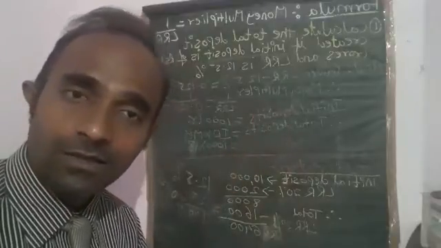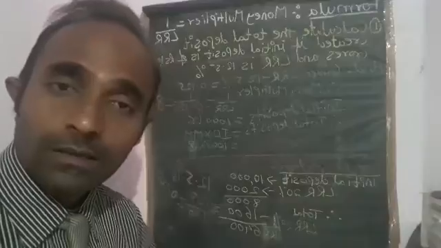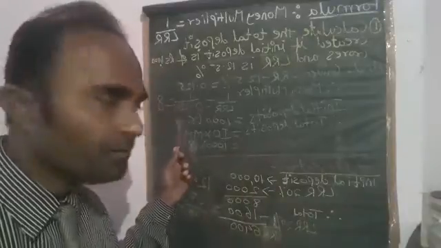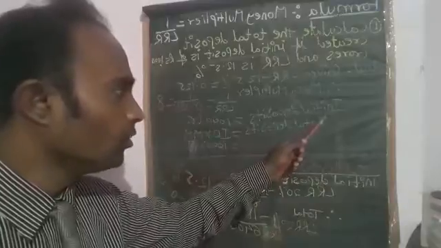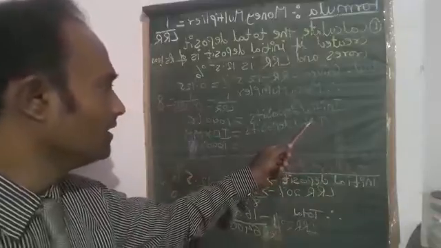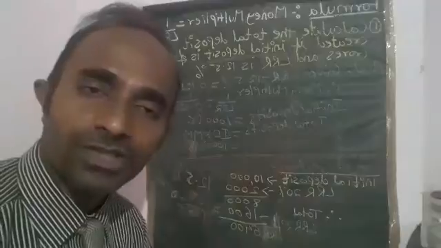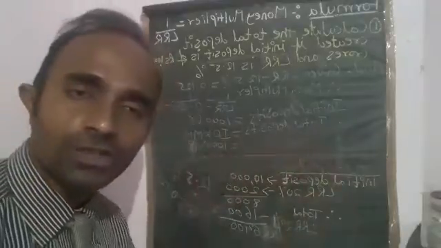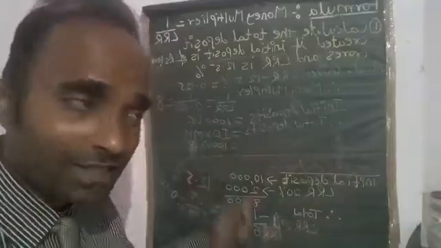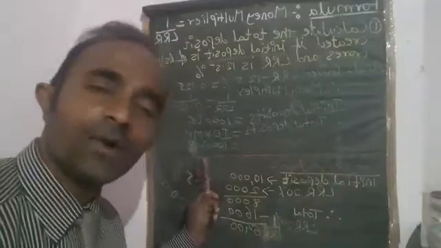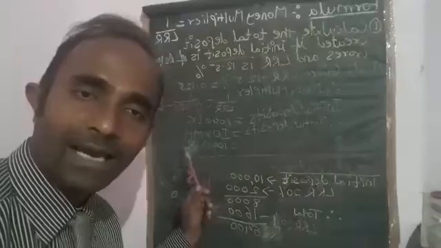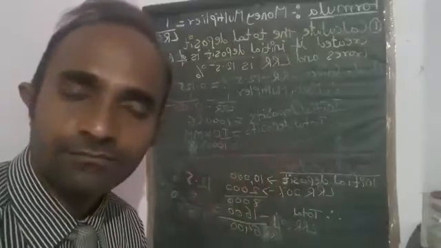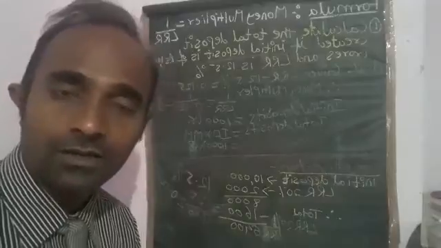Now this 8 will help you get the total deposits. How? The initial deposit is 1000. If you multiply this initial deposit by the money multiplier 8, you will get the total deposits. So your answer is ready.